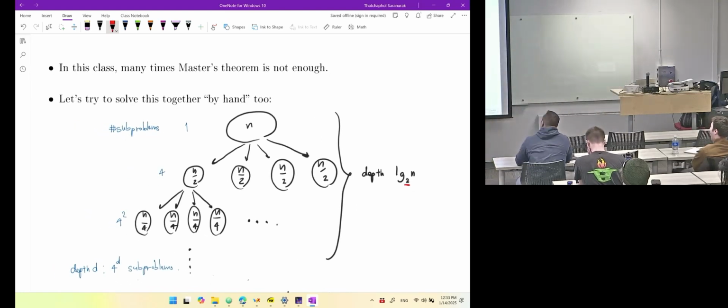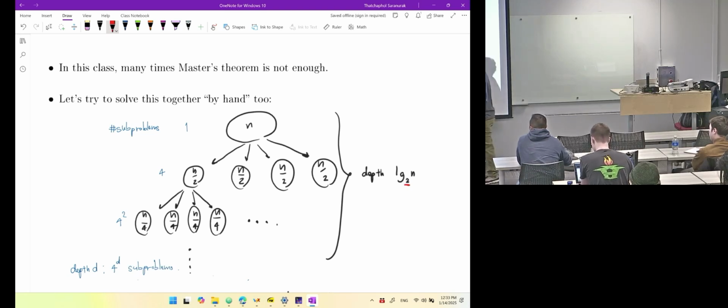You start with a problem of size n, and from the problem of size n, you recurse to 4 mini problems, each of size n over 2. And each of those n over 2 recurses to 4 mini subproblems of size n over 4, like it keeps halving its size, right? You can imagine this big tree where the branching factor is 4, and the size is halved at each level.